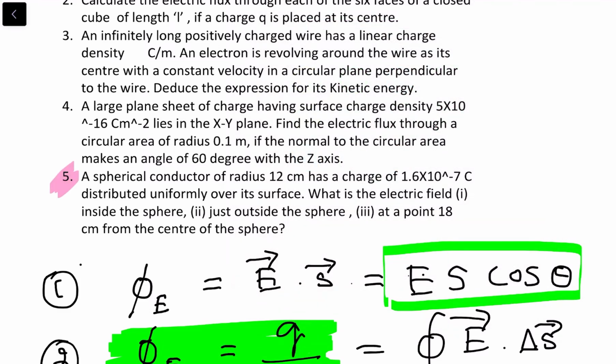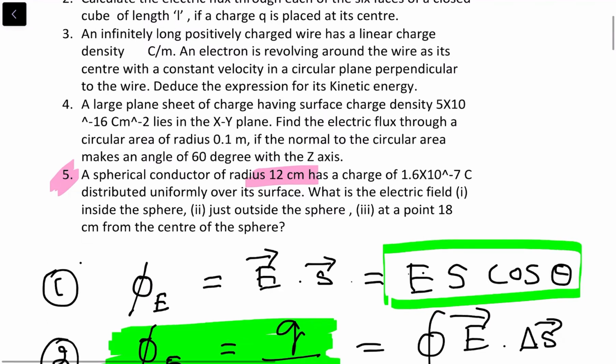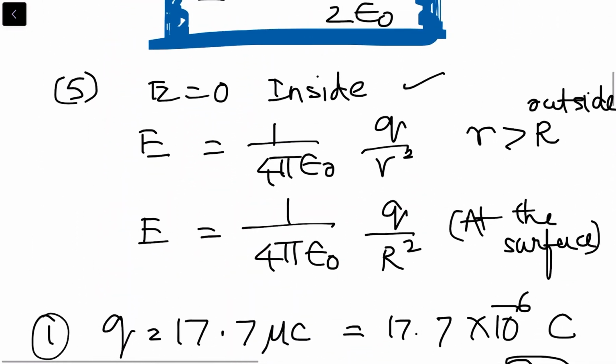A spherical conductor of radius 12 centimeters has a charge of 1.6 into 10 to the power of minus 7 coulombs distributed uniformly over its surface. What is the electric field at 3 points: inside the sphere, just outside the sphere, and at a point 18 centimeters from the center of the sphere? For this, I have already explained the formulas here.